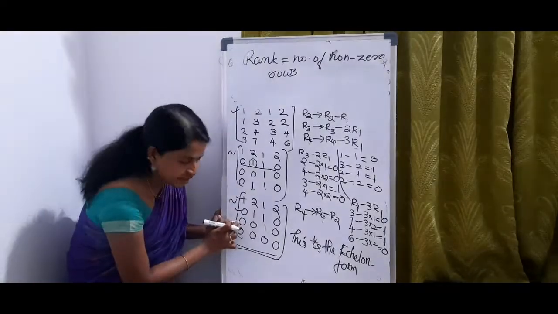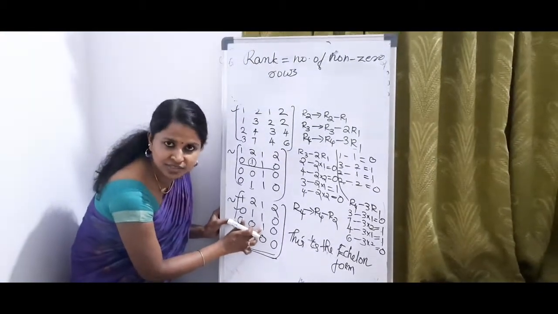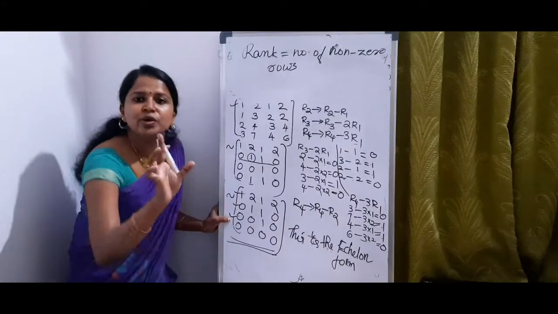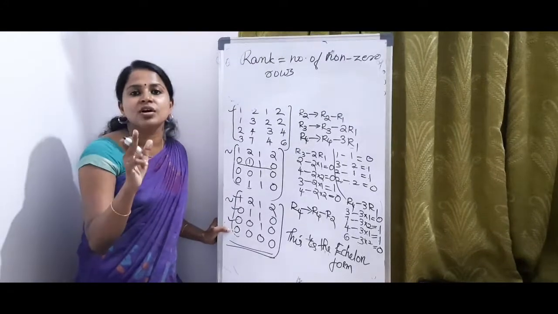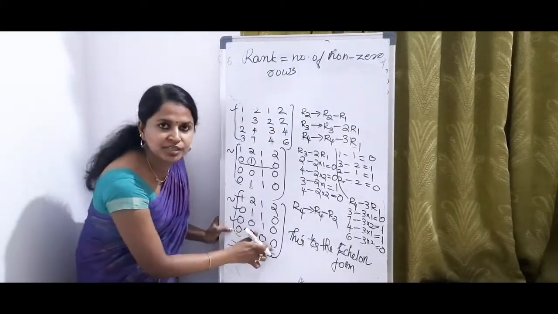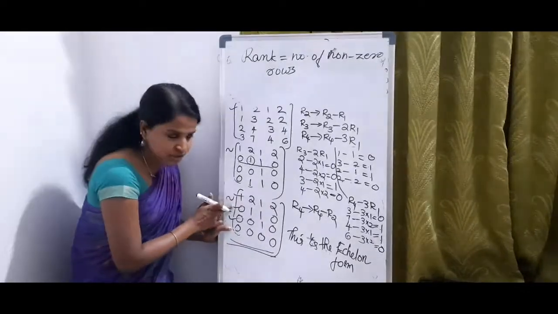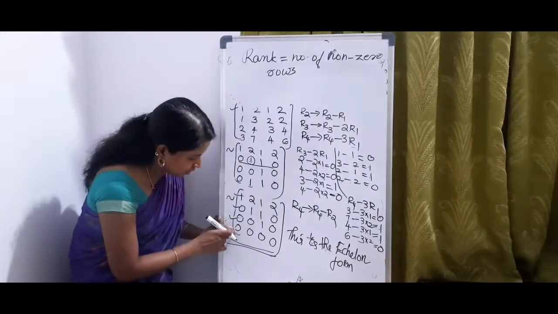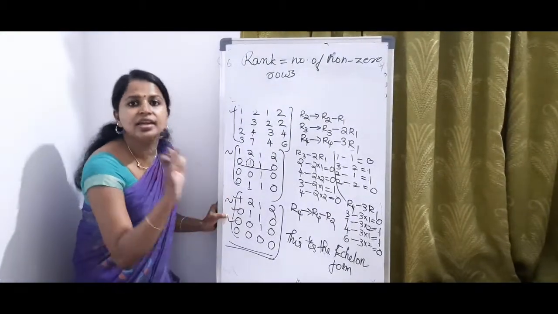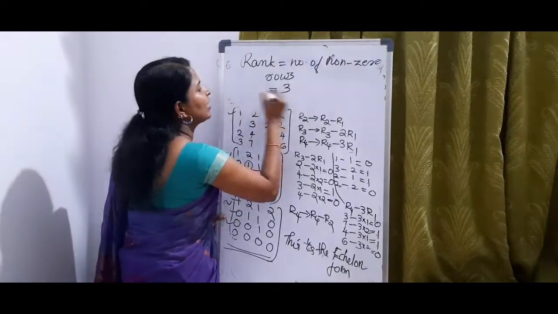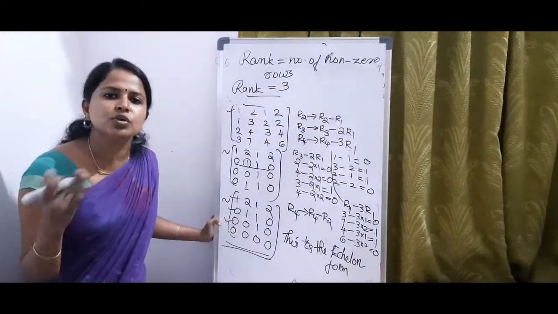Then in the last row, all the elements are 0, so that row is called the zero row. Here the number of non-zero rows is 1, 2, 3. So here the rank is 3. That is, in the echelon form, the number of non-zero rows is the rank.